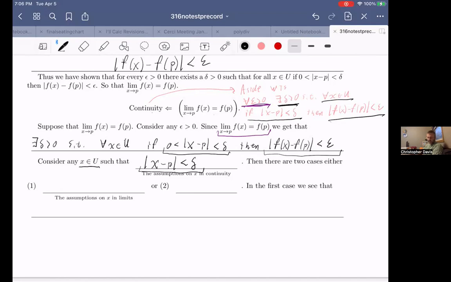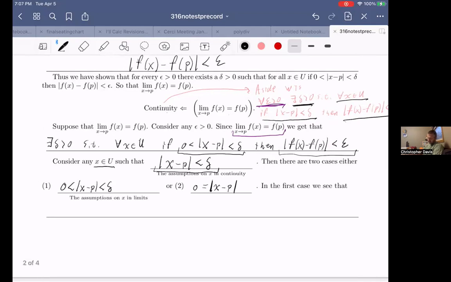Well, so let's just break it up into cases. Either 0 is less than the absolute value of x minus p is less than delta, or 0 is equal to the absolute value of x minus p. All right. In the first case, maybe we'll label this really quickly with a star.